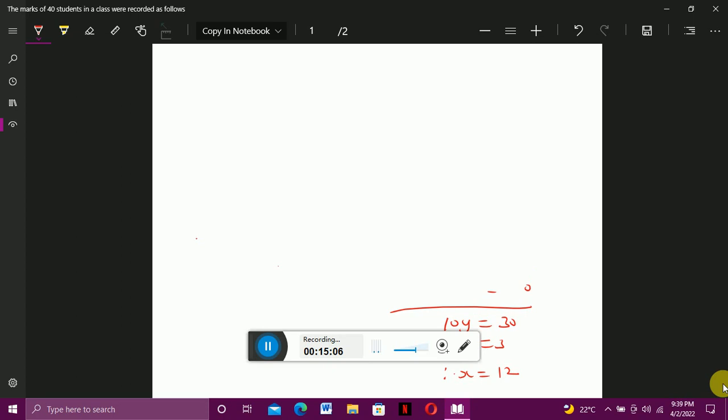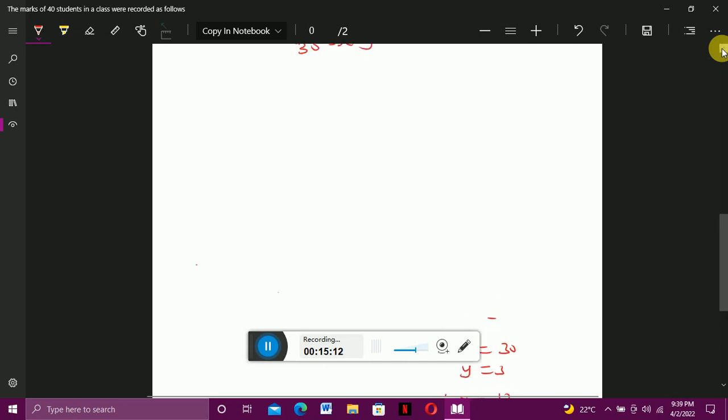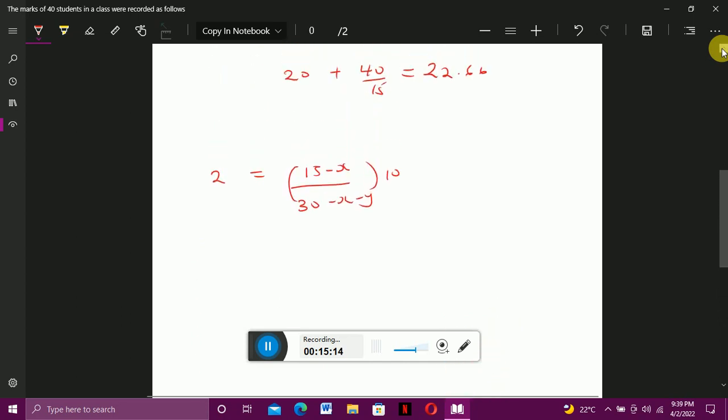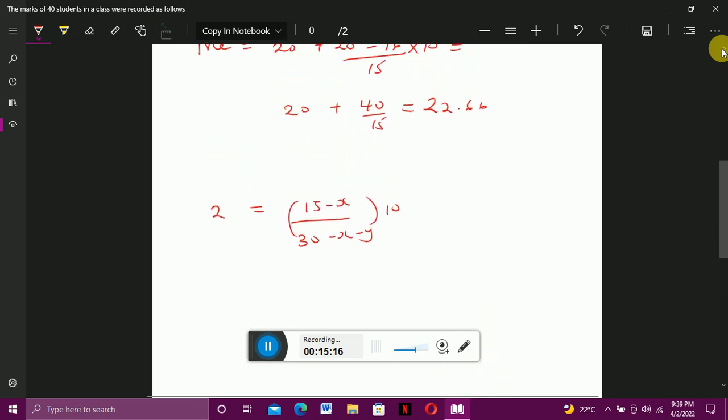We have the class, the frequency, the midpoint of each class, and the deviations from the assumed mean.